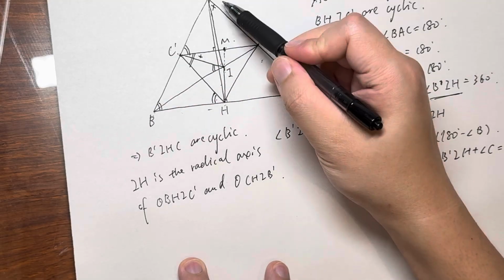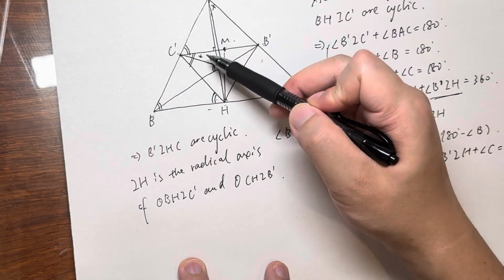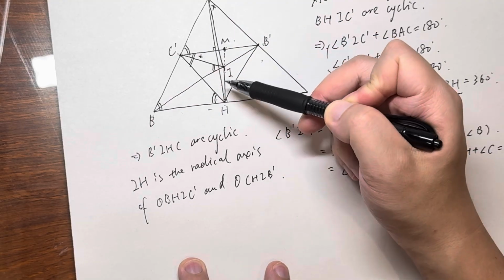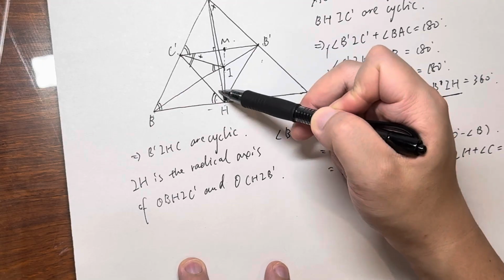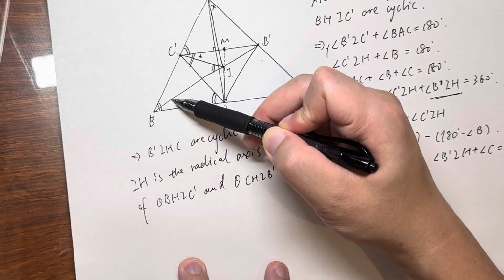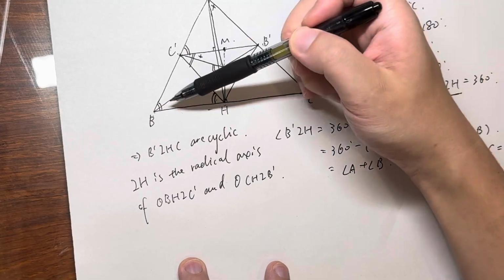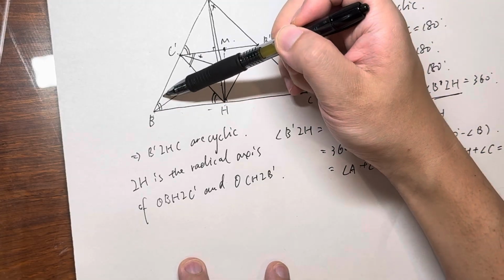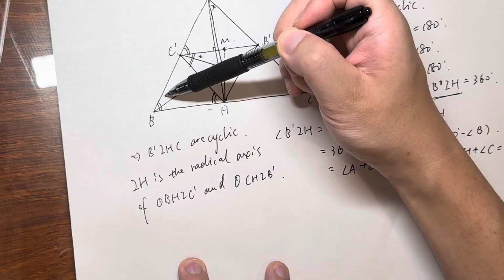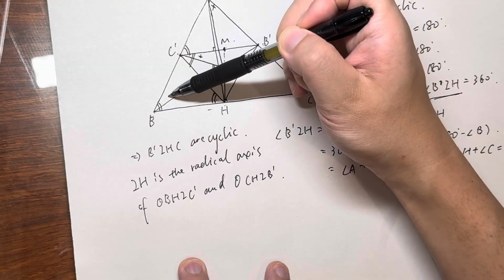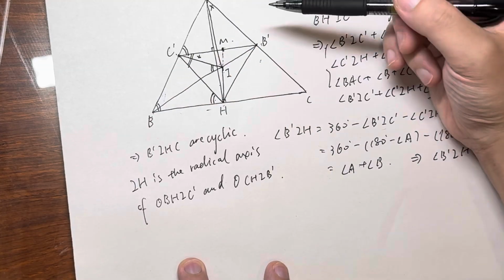This angle equals to this one. And remember that we want to prove this one equals to this one equals to this one equals to this one. So now you can see we have this angle here, and we want to prove that this angle is this angle, right? That's what we want to prove.